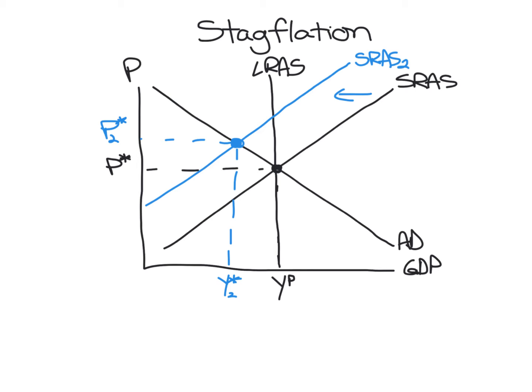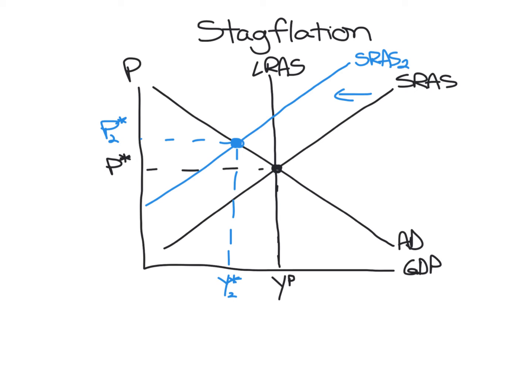Or if we decide that inflation is way too high to tolerate, we might actually move in the opposite direction and bring price levels back down, or the inflation rate back down. But in the process, we'll see that we actually end up moving GDP even further down and therefore exacerbating the unemployment problem.